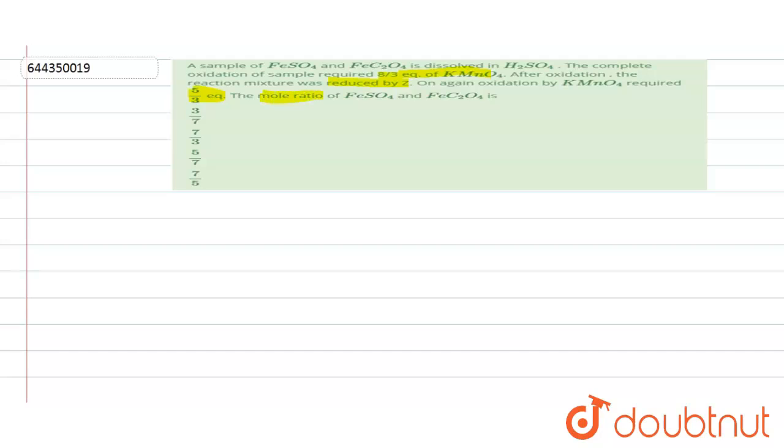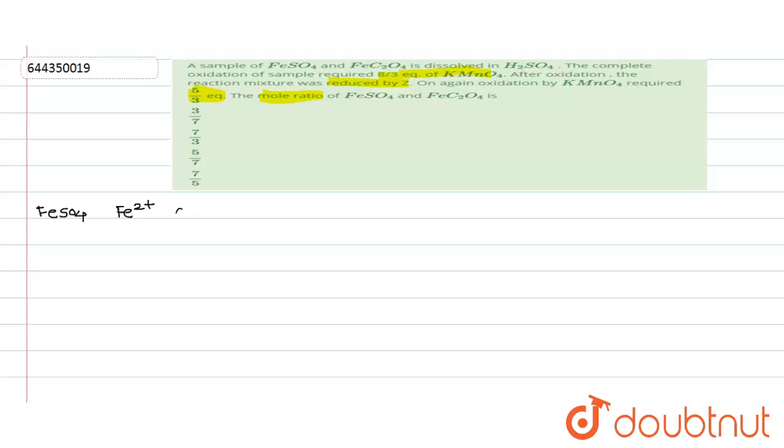Now, first FeSO4 is given, so we'll take FeSO4. It will be Fe2+.